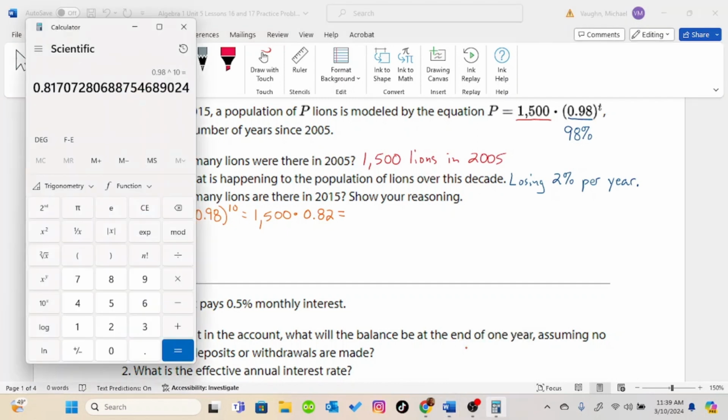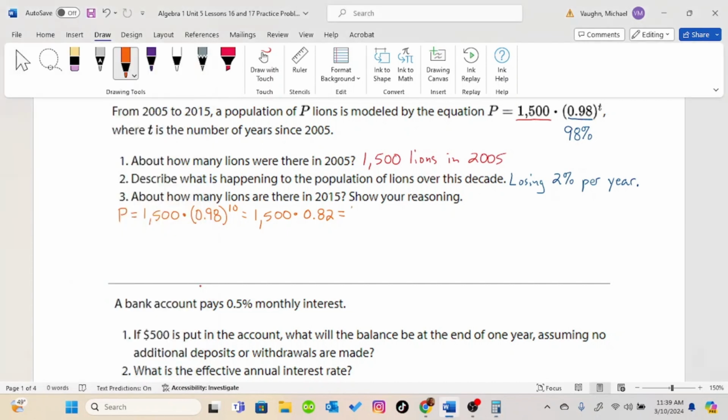Now we multiply that by the starting population of 1,500. And because we're talking about lions, we want to round to the nearest whole number.